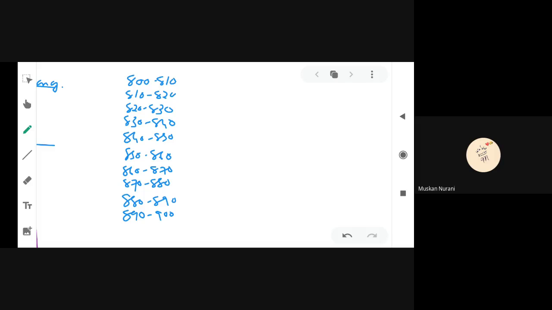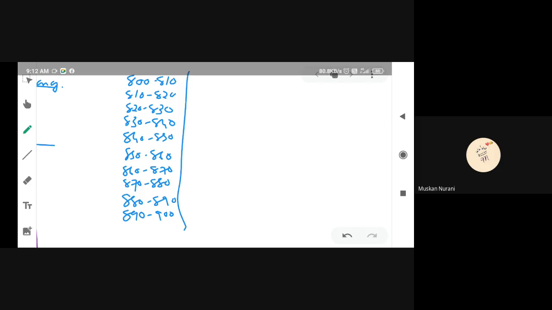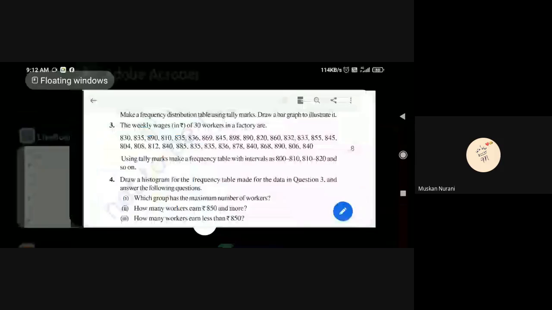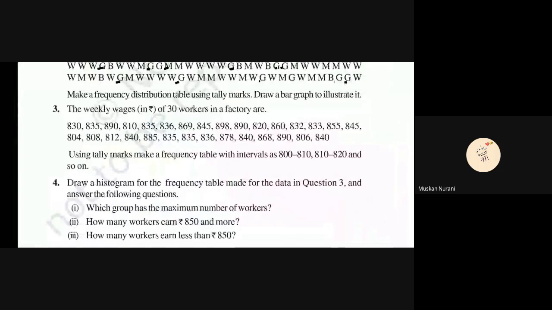Now what we have to do? We are making a frequency distribution table with the help of tally marks. So here we are writing the frequency and tally marks. Between 800 to 810, how many workers' wages are there? Please count it.